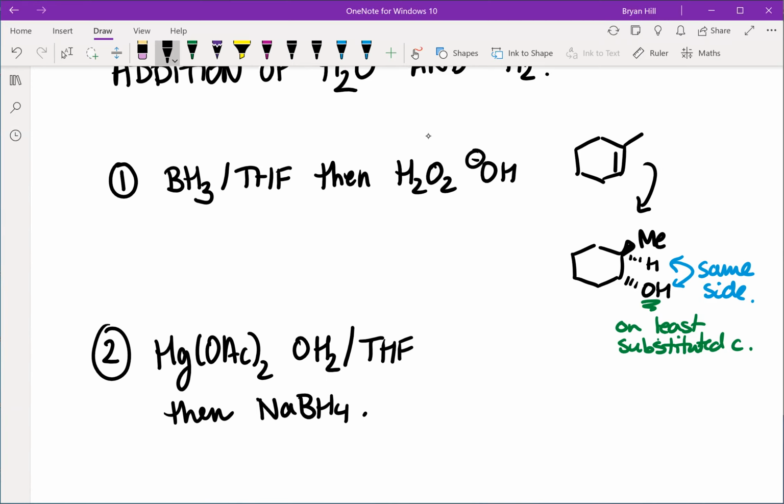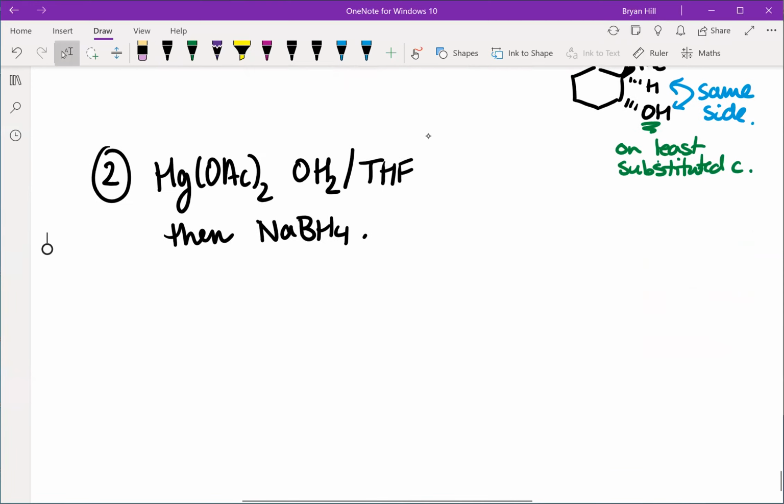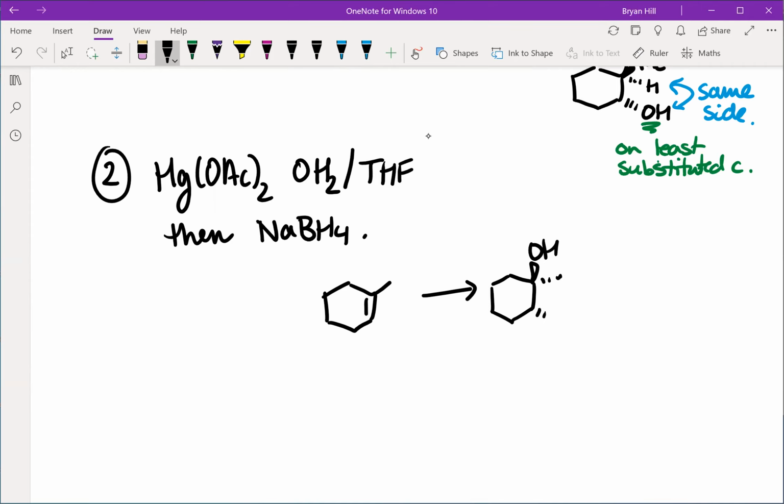Now, when it comes to alkynes, if we have the same molecule here, and we did use these conditions, after the first step we would have OH, Hg, OAc, and then the second step would be reduced. So that's how that worked.